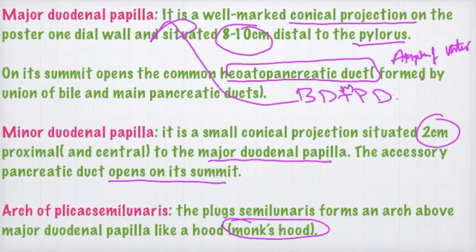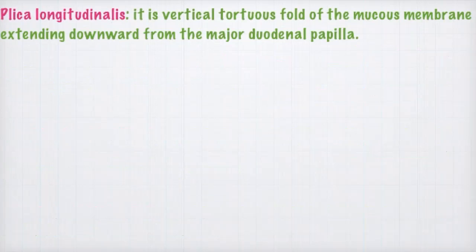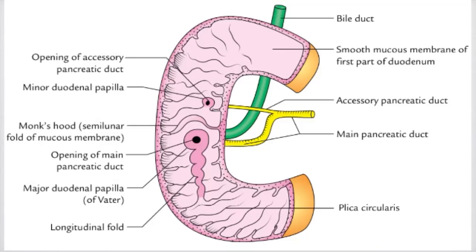So this is the accessory pancreatic duct, and this is the main one. And this is the common bile duct, right? Both of these open into this part, which is called the major duodenal papilla or ampulla of Vater, right?